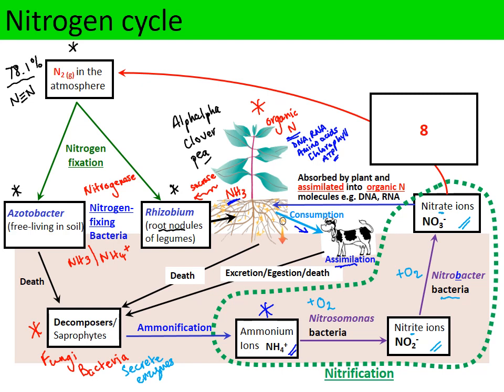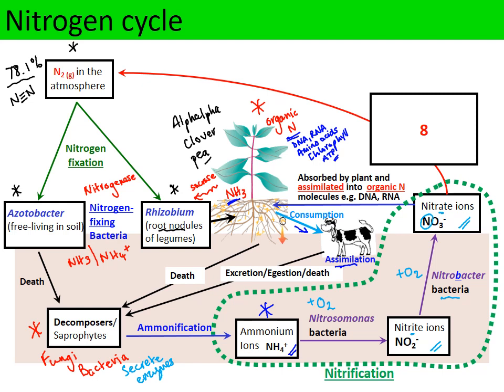So the plants, when they absorb the nitrate ions, they utilize the nitrogen, and they will use that to make more organic nitrogen molecules like DNA, RNA, amino acids, etc. So when there's a high level of nitrate ions in the soil it becomes very fertile, because we know the plants can absorb this nitrogen and make these organic nitrogen molecules.